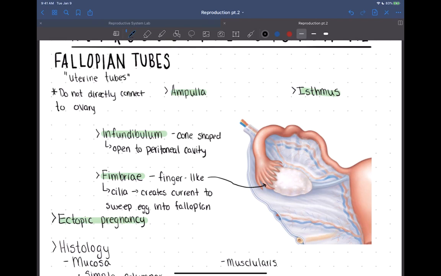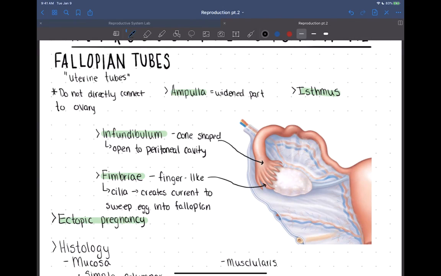Here would be the infundibulum. The fimbriae extend off of the infundibulum. Then the next portion is called the ampulla. It's a widened region.